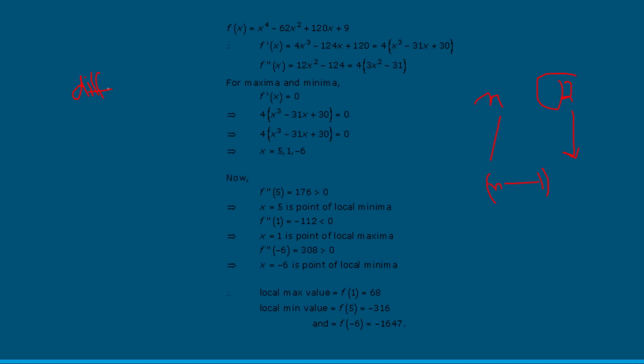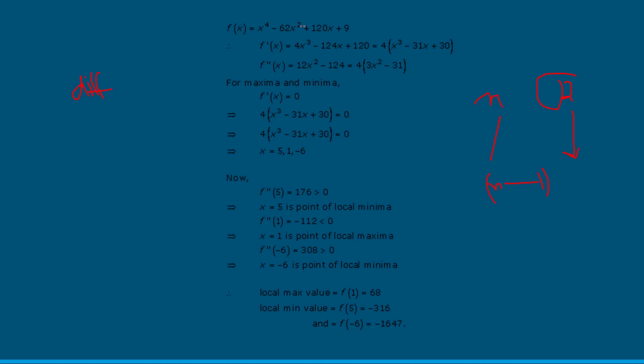Then we find the roots of that equation. If it is a second order equation, we get only one value. If it is a third order equation, we will get two values.